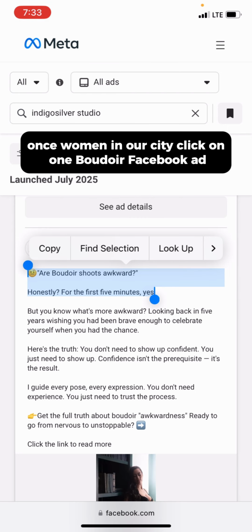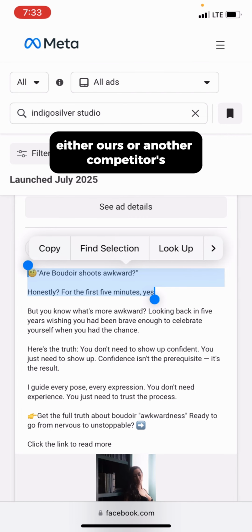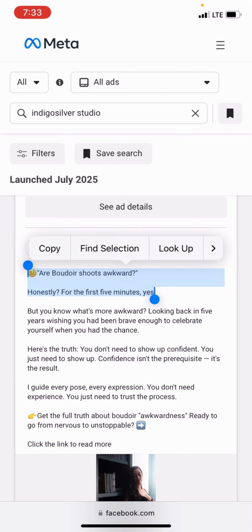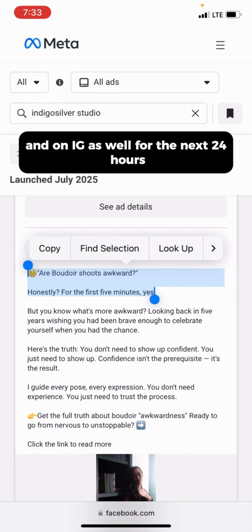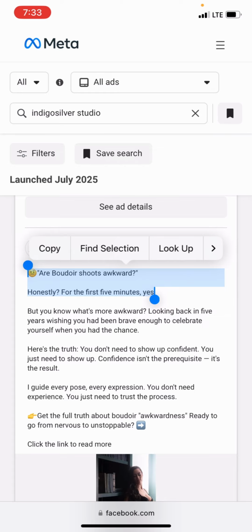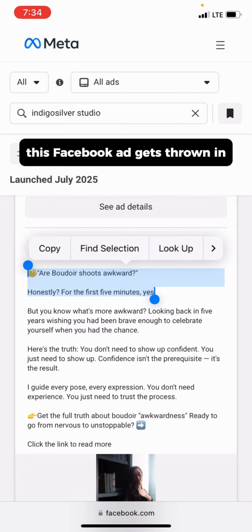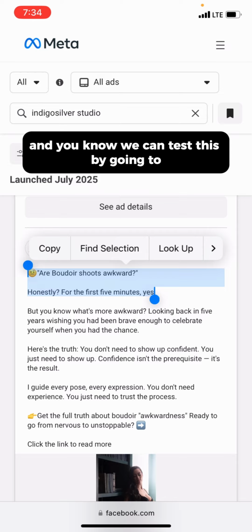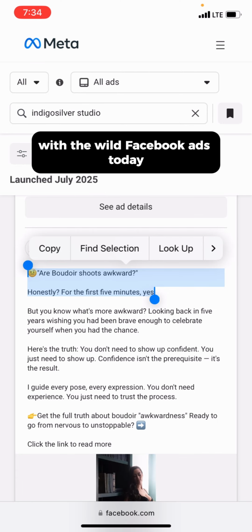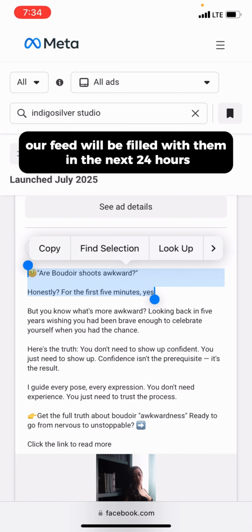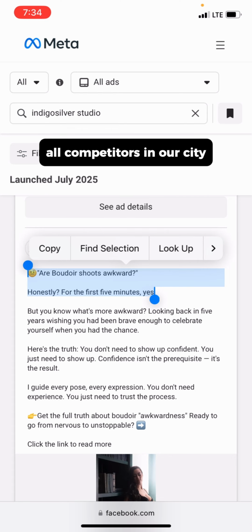Once women in our city click on one boudoir Facebook ad, either ours or another competitor's, they are literally fed 20 more boudoir Facebook ads and on IG as well for the next 24 hours. Literally every competitor's Facebook ad gets thrown in after they engage with one. And we can test this by going to click on some boudoir Facebook ads today. Our feed will be filled with them in the next 24 hours. All competitors in our city.